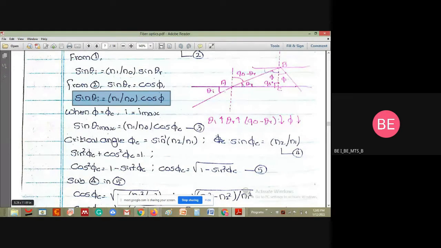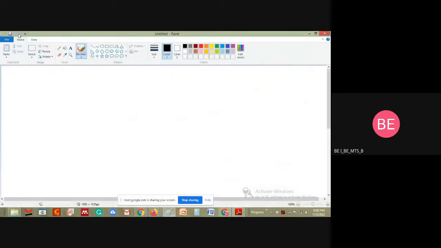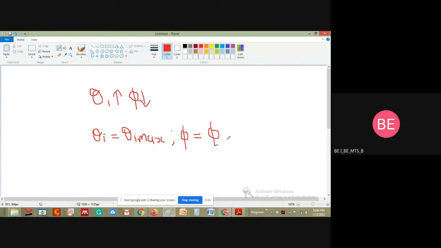Let me go to a paint window. What we had seen earlier is when you increase the value of theta I, the value of phi decreases. When theta I becomes equal to theta I max, phi will be equal to phi c.